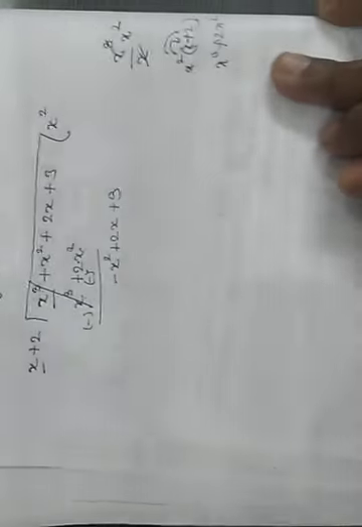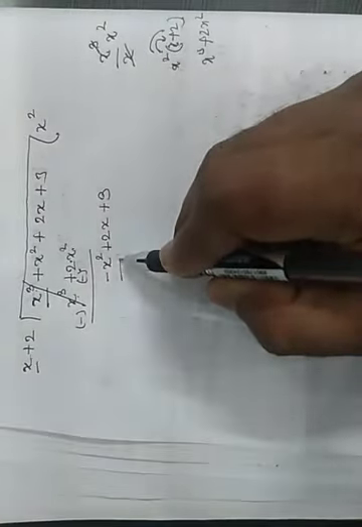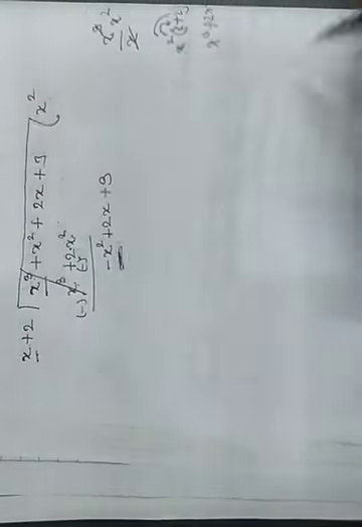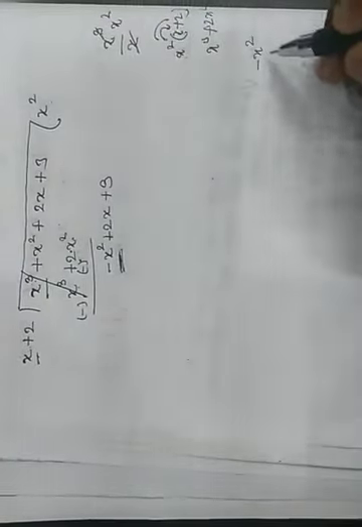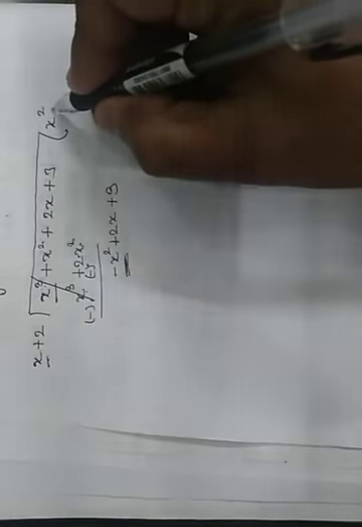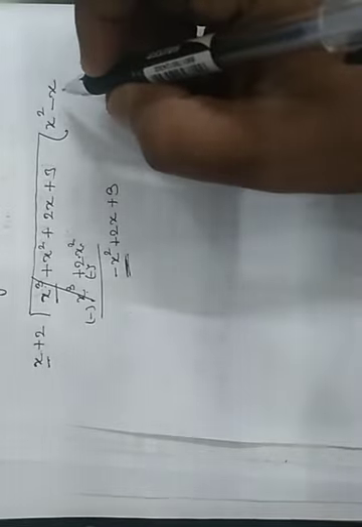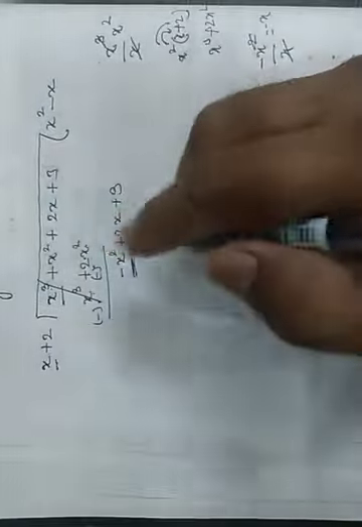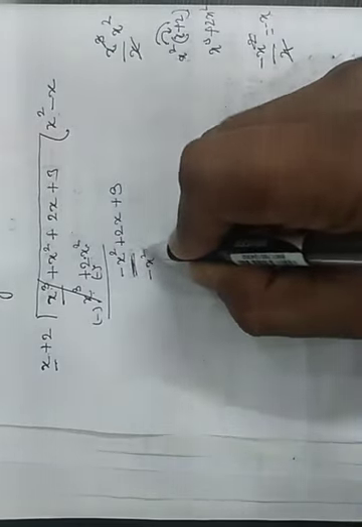Now for the next term of the quotient, I will divide the first term of the dividend by the first term of the divisor. Here it is minus x square upon x. It will get cancelled, so it becomes minus x. So the next term of the quotient is minus x. Multiply minus x with this term. So minus x into x, minus x square.